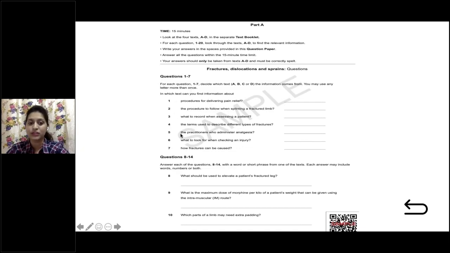For each question, say 1 to 7, you have to decide which text, that is A, B, C, or D, the information comes from. You may use the letter more than once. This is what I mean by matching the text extracts to the questions given here. The next set of questions is usually where you have to give a single word or a short phrase answer. So this is your part A, and this question booklet will be collected after the 15-minute time limit.